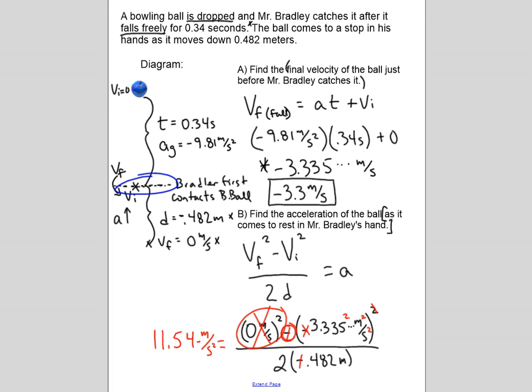One thing I want you to notice is, even if we hadn't asked you to do part A, where you found the velocity of the ball at the end of the fall, you would have had to find the velocity at that spot to be able to do part B. So if we had just asked you for the acceleration of the ball as it came to rest in Mr. Bradley's hand, you would have had to have found the speed right here from the information in the previous interval so that then you could have worked on that next interval.